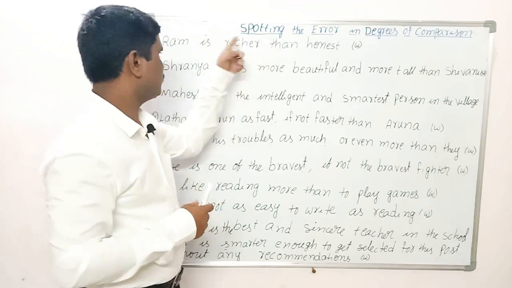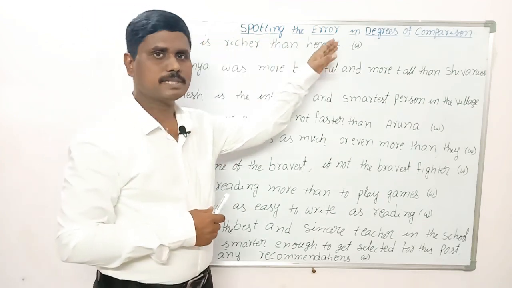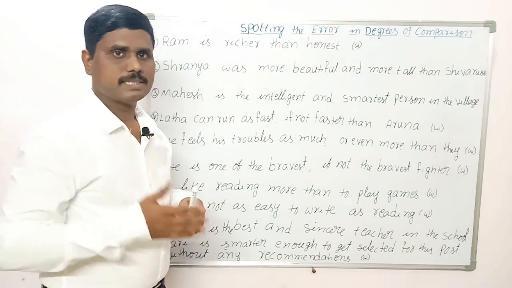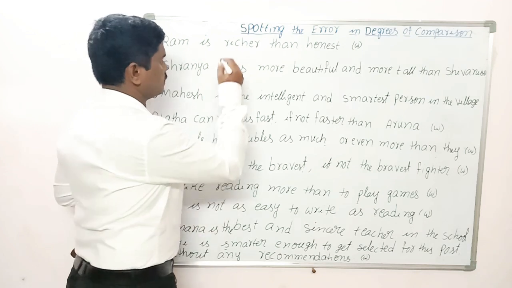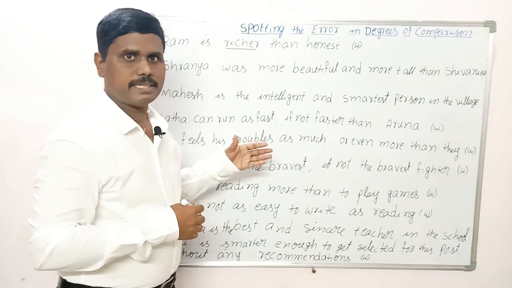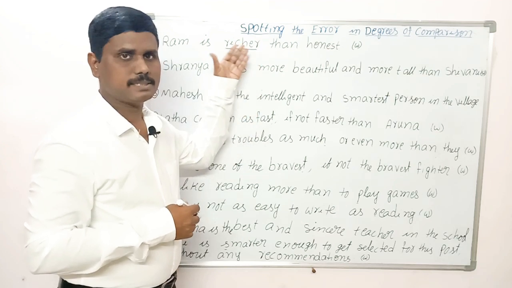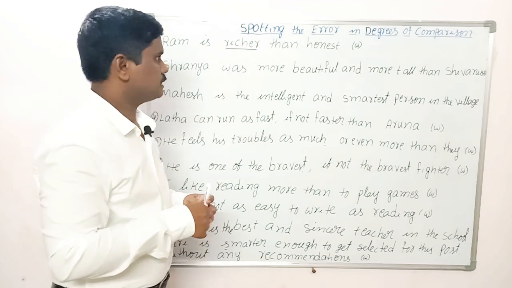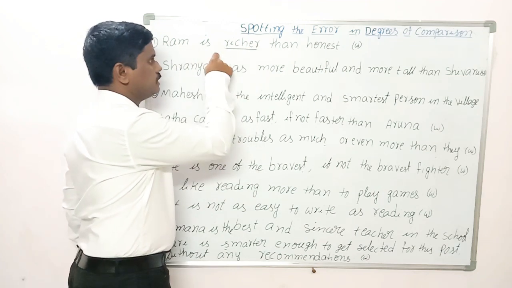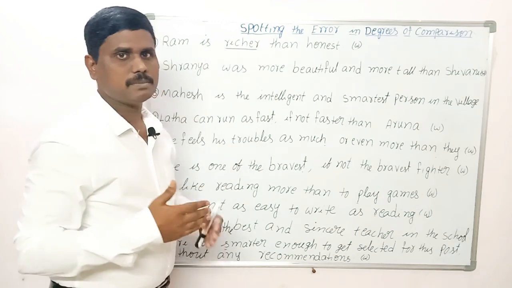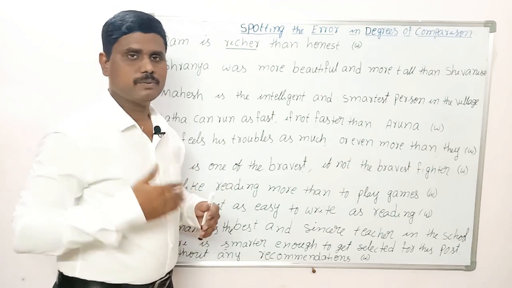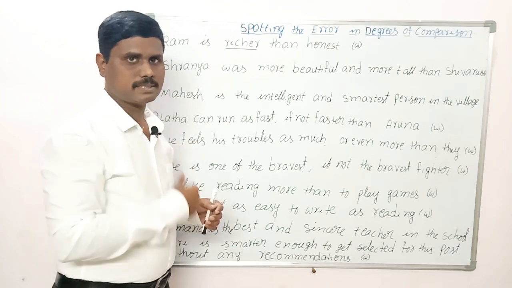Sometimes they may give the sentence underlined and ask you to rewrite it, correcting the given sentence. Sometimes they will give a dash and options A, B, C, D, and multiple choice questions will be given, just like a clause test. You are asked to find out the correct answer.